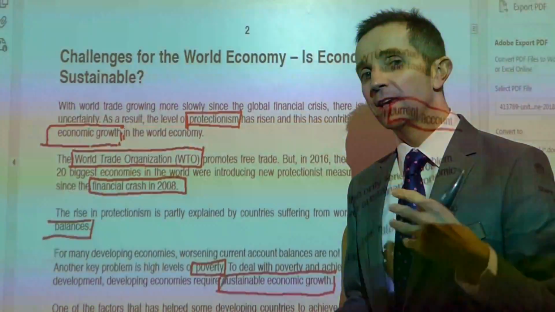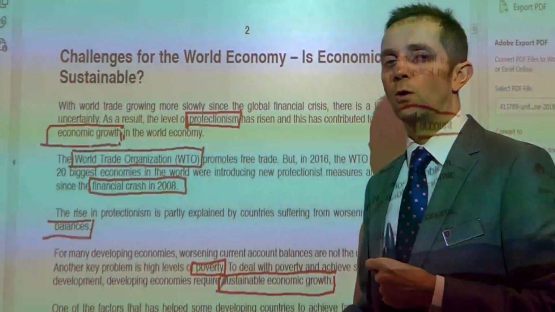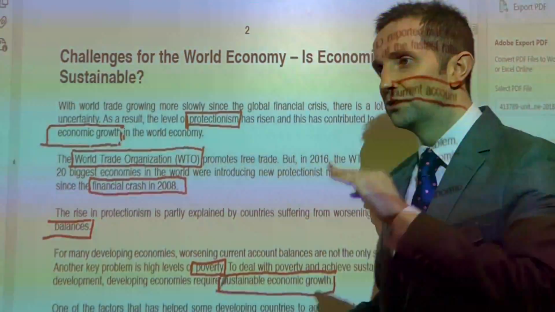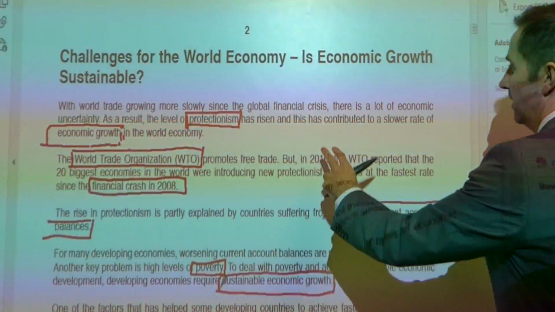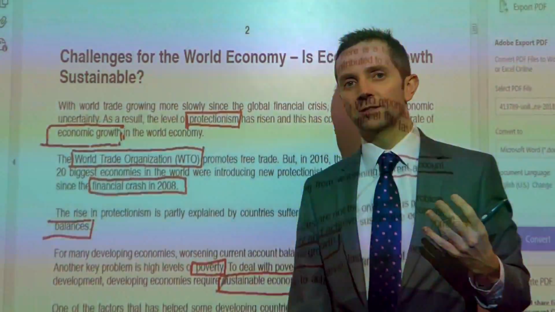And consequently, that's a form of protectionism also, such as subsidies, for example, or deliberately lowering the value of your exchange rate. Protectionism also. This has contributed to a slower rate of economic growth in the world economy.